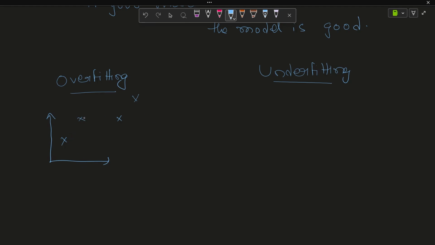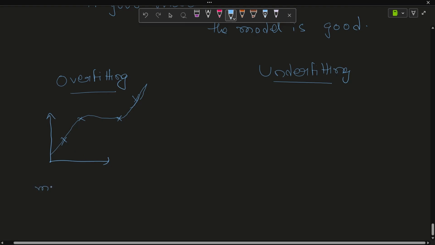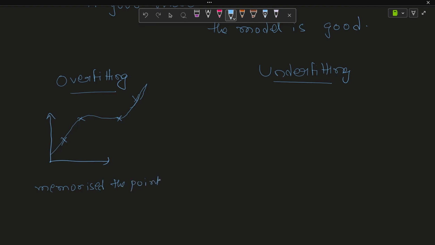In polynomial regression, a straight line can't pass through every point because it's a straight line, of course. But polynomial regression will be able to pass through every point because it draws a polynomial. It can form curves, so it's able to pass through every point. It's not generalizing because it has just memorized the points. The generalized line would be like this.